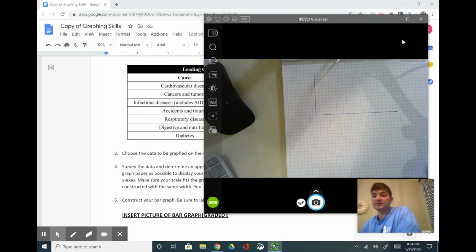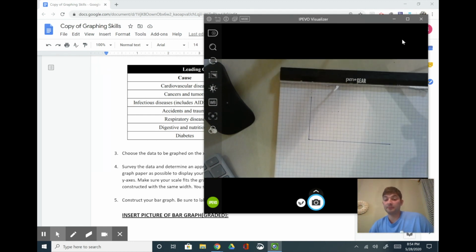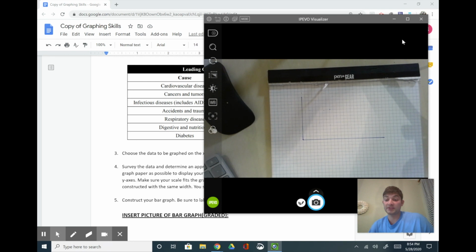It's close to perfect. I just freehanded it. I didn't actually measure how long I wanted to make it, and when I do this with my students, it technically can be as big as they want. If they want it to be the full page, that's up to them. But I did tell them the goal is, can you accurately read the data from this graph?